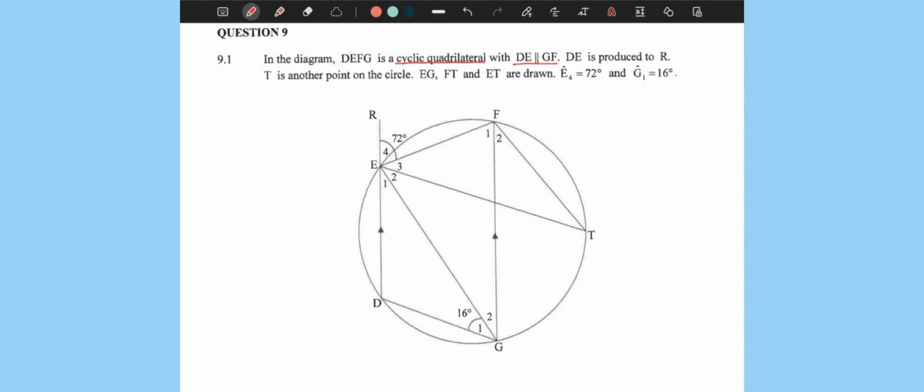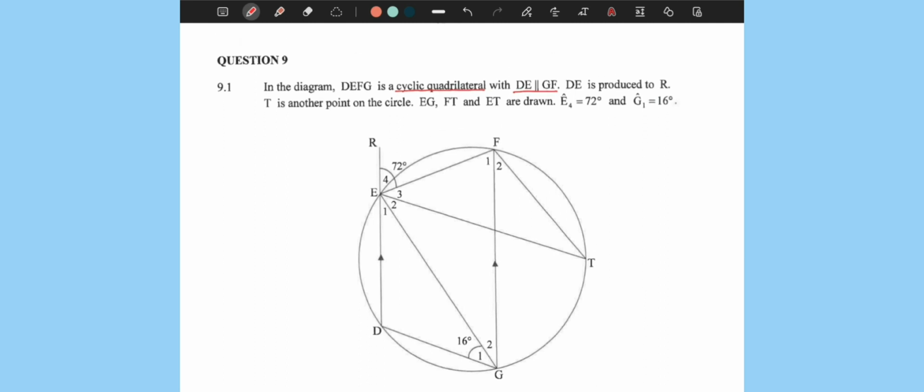Okay, let's continue. DE is produced to R. T is another point on the circle. EG, FT and ET are drawn. E4 is given as 72 degrees, and G1 is equal to 16 degrees. Hopefully you can see that here we have these 2 important theorems that we need to pay attention to when we answer this.